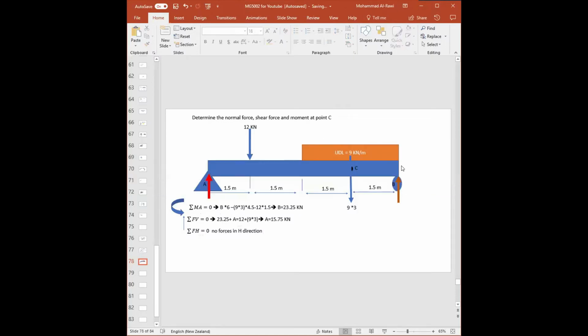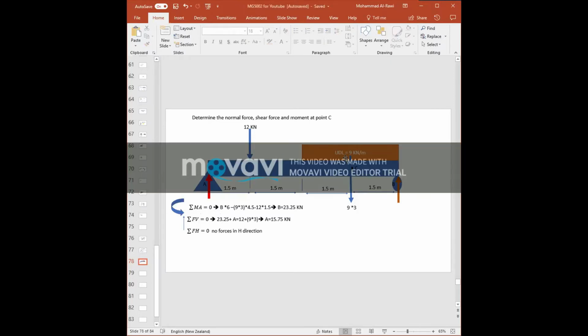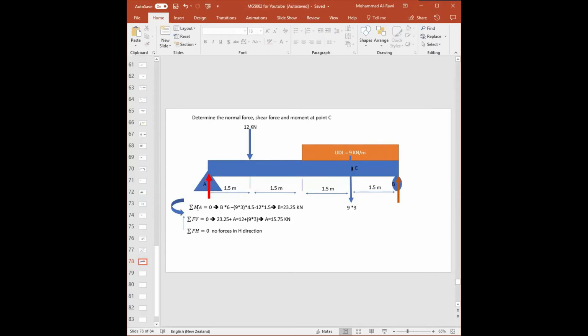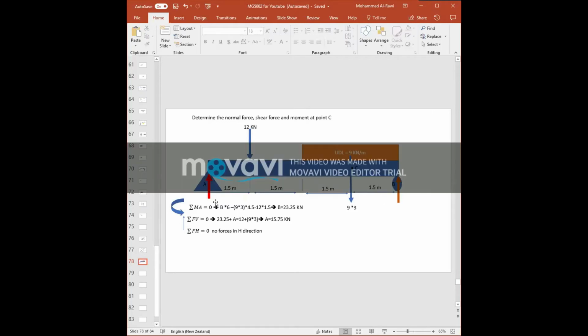So technically, to save my time, I just converted the support reactions, the hinge and the roller, to support reaction forces, and I multiplied the UDL value times the distance. Then I used the moment about point A, and then the summation of forces in the vertical direction. This will help me find the values for A and B.